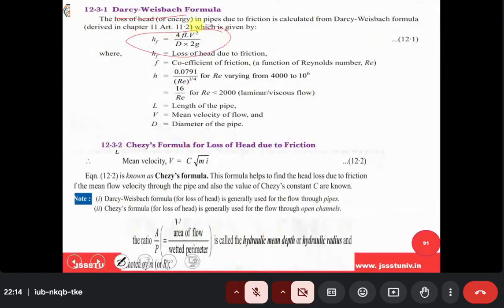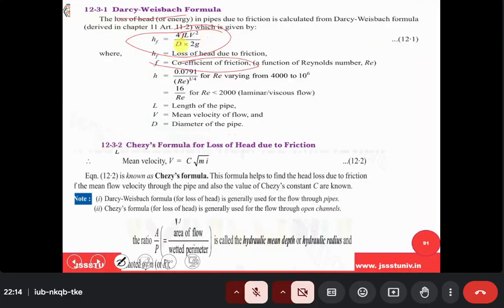That equation is hf = 4fLV² / 2gD, a very important derivation in fluid mechanics, where this head loss is directly proportional to f, the coefficient of friction, L is the length of the pipe, V is the velocity, D is the diameter of the pipe, and g is the gravitational acceleration.